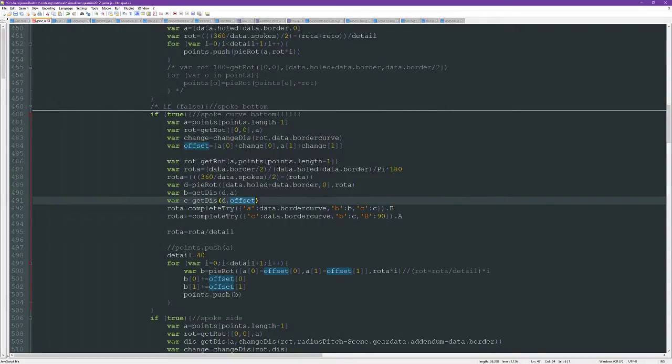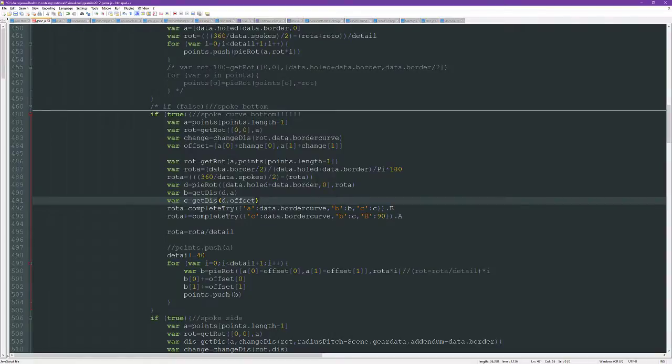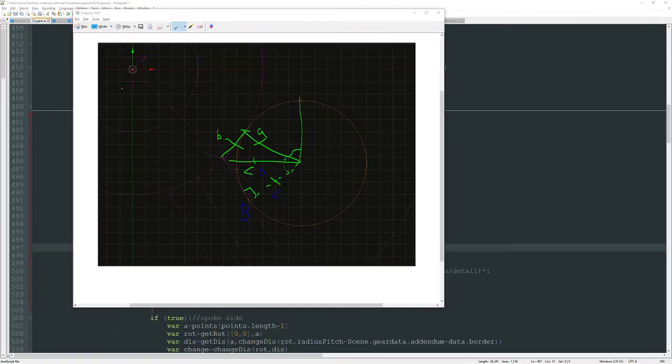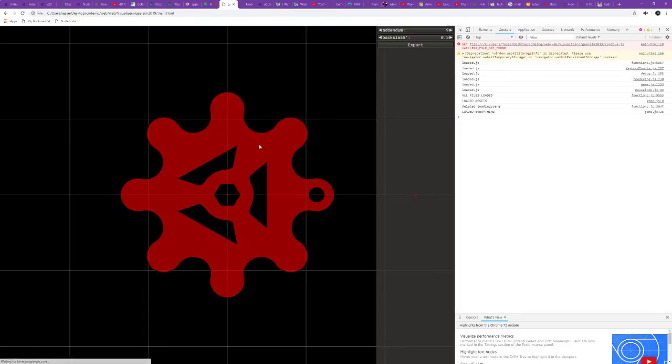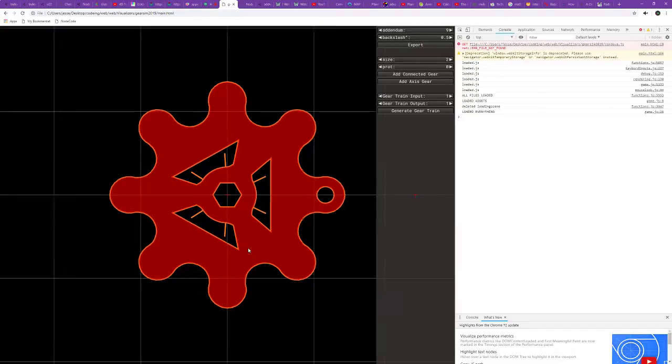Correct? Should be. Just to check, let's push it in offset. It's very far away, but okay.